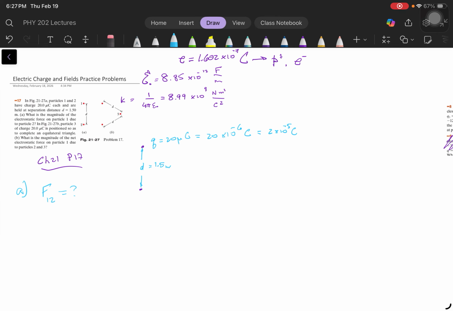And so we're going to use Coulomb's law. If we want, we can do the vector form, but we're just asking for a magnitude here, so that's all we'll worry about. We can say F12 is equal to 1 over 4 pi epsilon naught times Q squared, since Q1 is equal to Q2, over d squared.